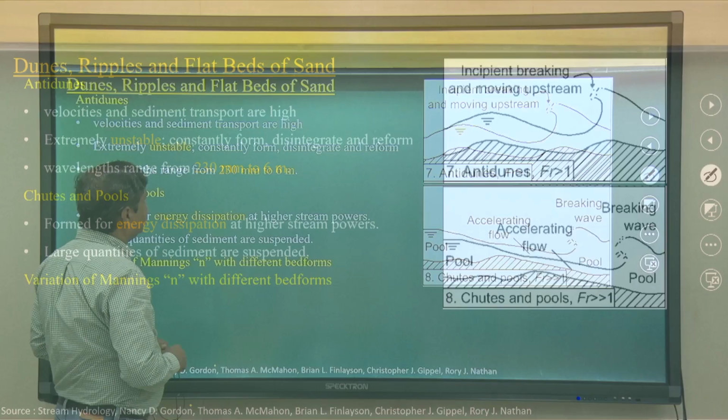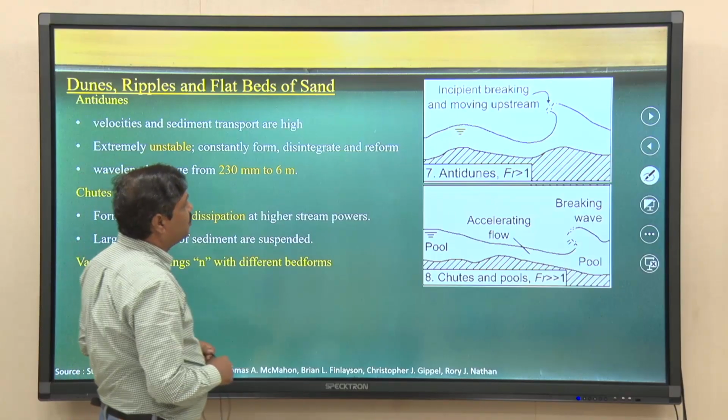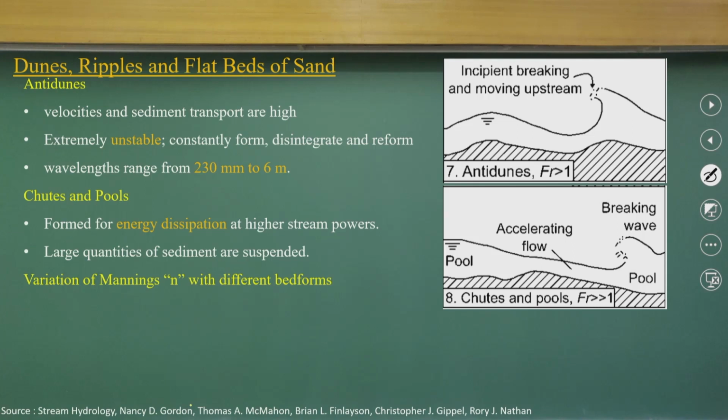Further, if you increase the flow Froude number to greater than 1, the bed cannot sustain the standing wave. The waves will start breaking and the water will come back.